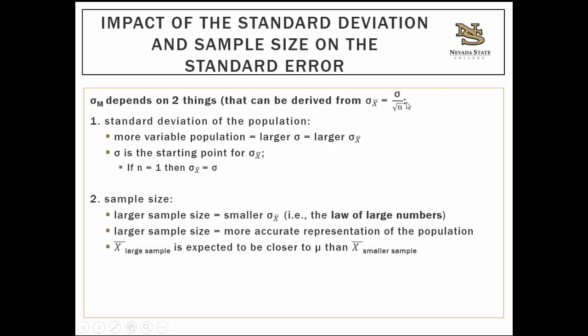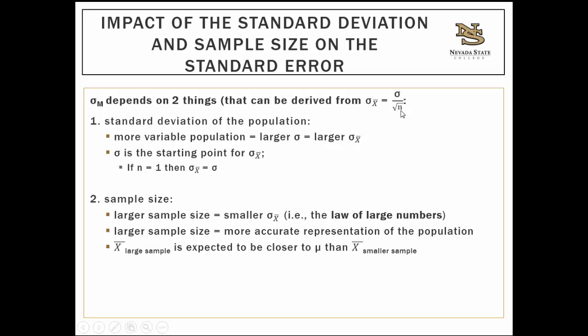So with a higher standard deviation in the population, scores are very different, more spread out, and you would expect your means to also be more spread out. With a lower standard deviation, the scores are closer together in the population. You would expect that any given sample mean taken from that population would be pretty similar to the population mean because the scores are really close. So you'd have a smaller standard error.